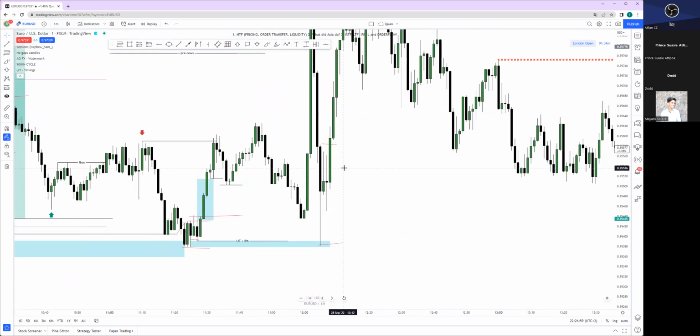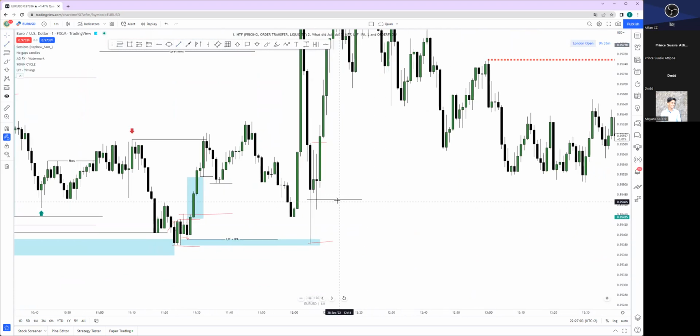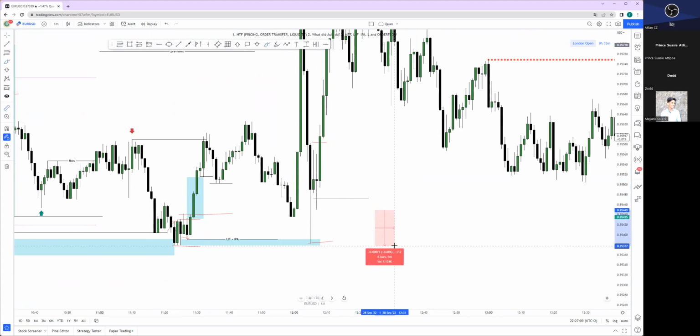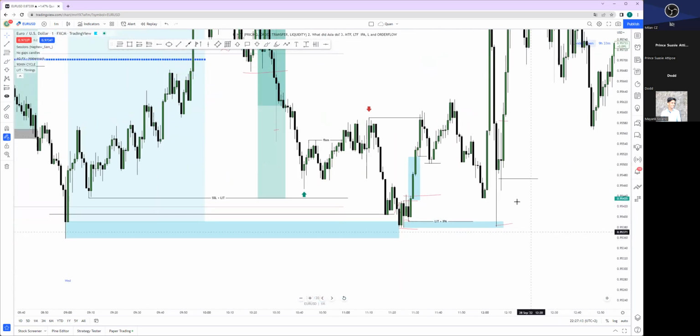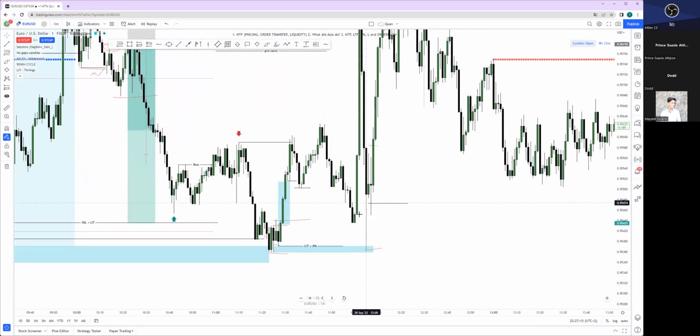So the algorithm wants to fill the 50%, and then it may or may not, but most of the time it doesn't have a reason to go to the extreme anymore, even though it is like 7 pips, right? So this is the last point of order flow cutoff, and then you have mitigation of this. So RS transfer from here to here, then here, and then to here.